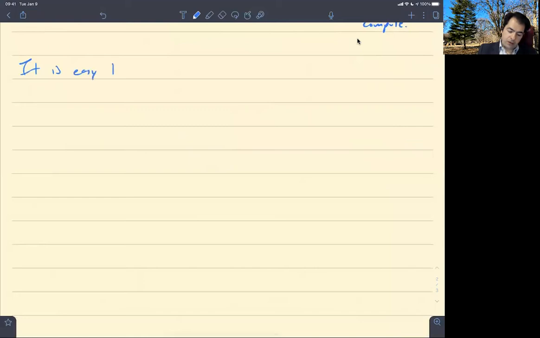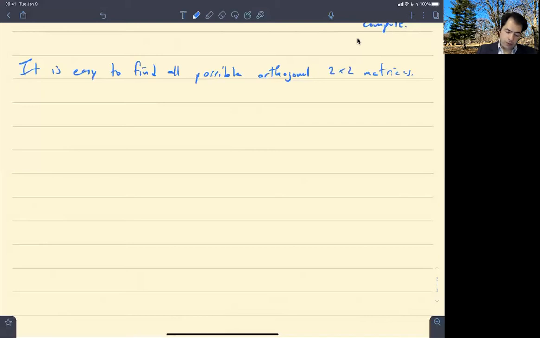It is easy to find all possible orthogonal 2x2 matrices. All right, so you have A, B, C, D, say.